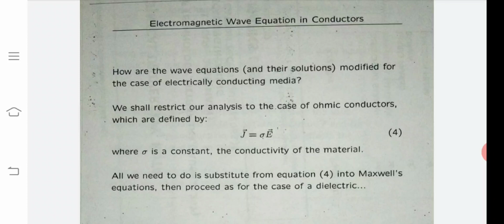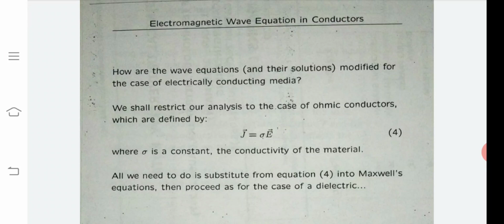When these waves move in a conductor, what are the charge density, the electric field and the magnetic field in the conductor? How are the wave equations modified for the case of electrically conducting media?